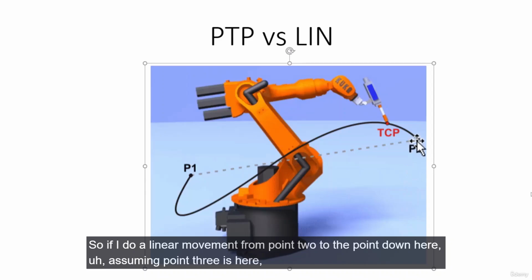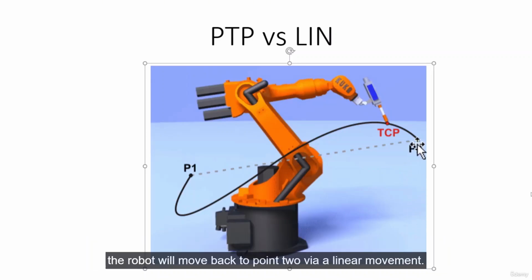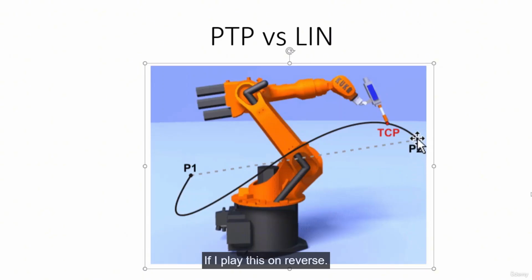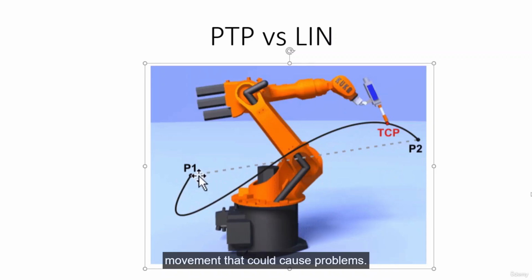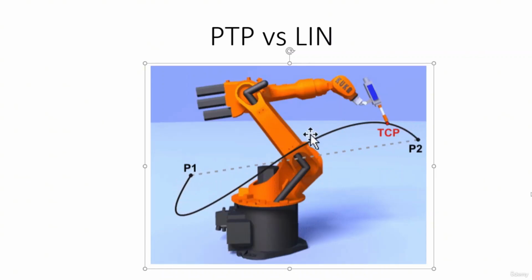So if I do a linear movement from point 2 to the point down here, assuming point 3 is here, the robot will move back to point 2 via a linear movement if I play this in reverse. But if I use a PTP instead, I have, of course, this whole area and this unpredictable movement that could cause problems. Okay?